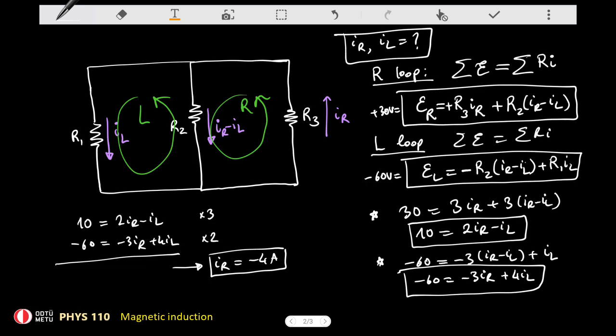So 30 minus 120 is minus 90. And on the right, I get 5 IL again. So from here, we get IL equal to minus 18 amperes.